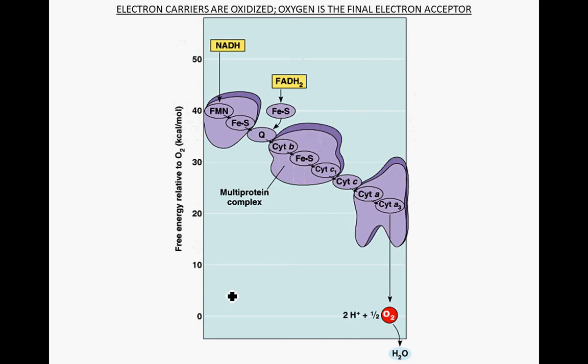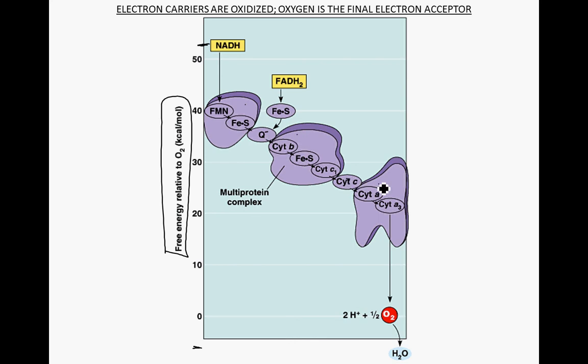Lastly, we'll put these on this energy gradient. So here's the free energy gradient here. We're looking at NADH at a relatively high free energy, and here's water down here at a really low free energy, but this is all relative to oxygen. These are supposed to be the cytochromes in the chain.